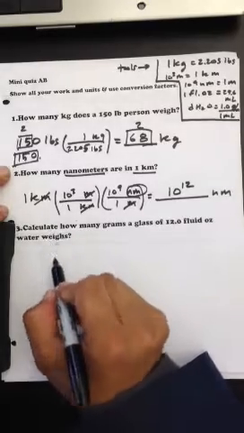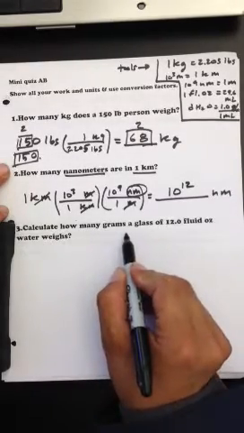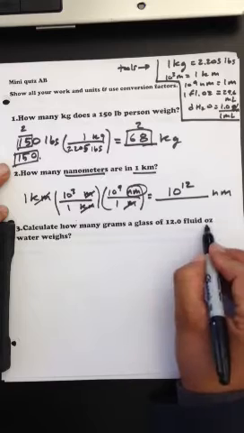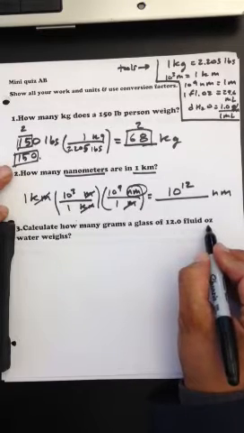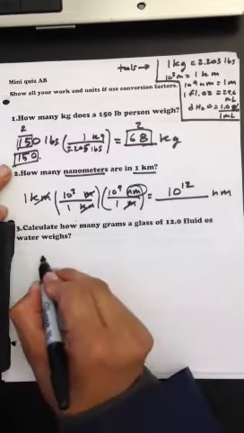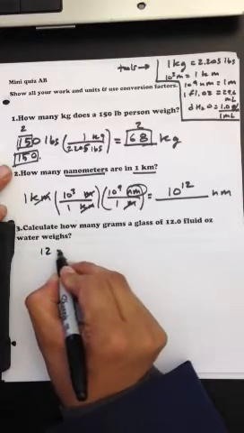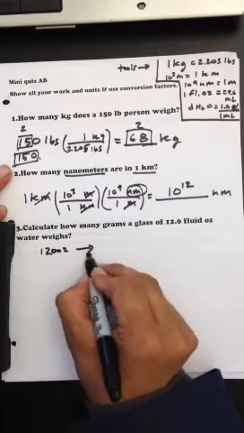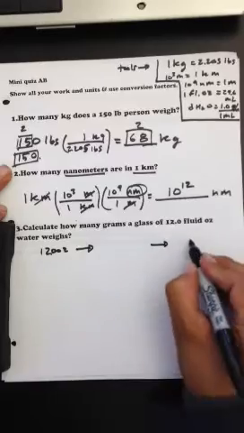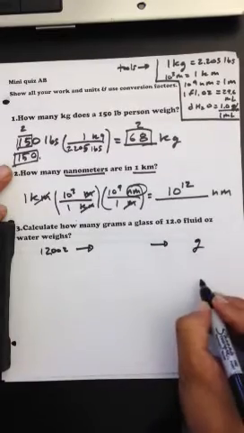The next one. Calculate how many grams a glass of 12 fluid ounce water weighs. Okay. So we're going from 12 ounces, and then we have to convert all the way to grams.